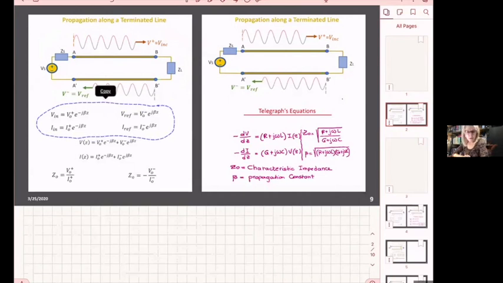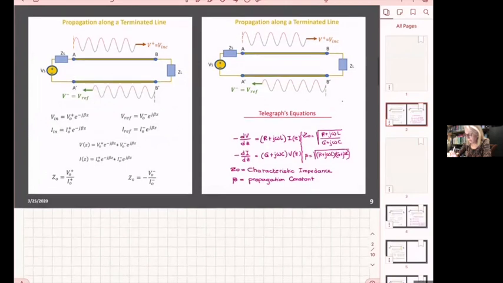What we have in the frequency domain are complex quantities, like a complex voltage and a complex current. You don't see time anywhere. You see frequency, which comes here in the beta, but you don't see time.